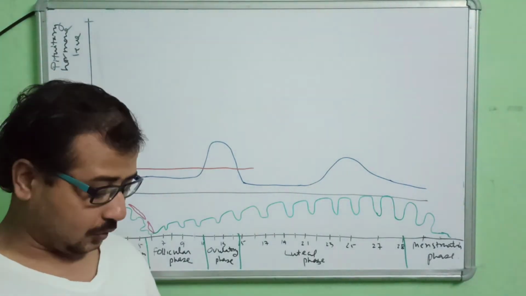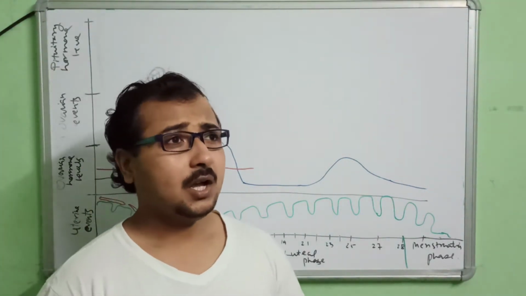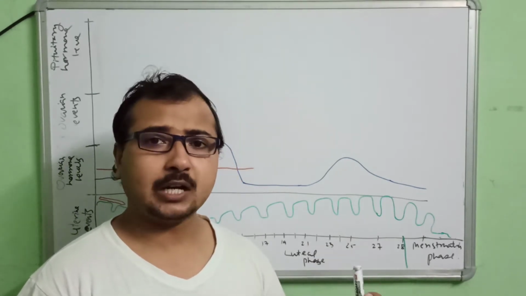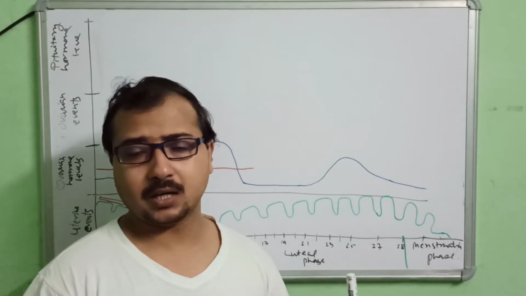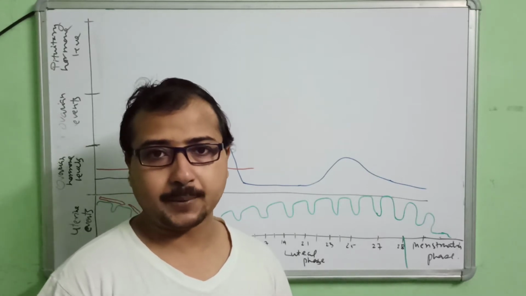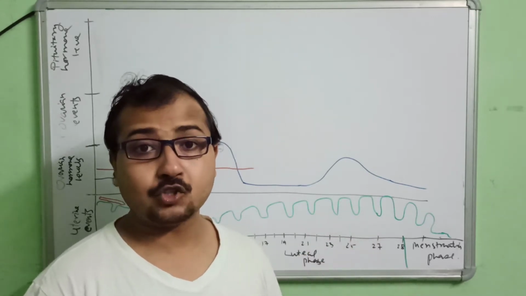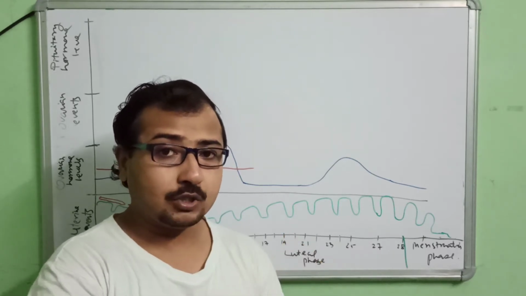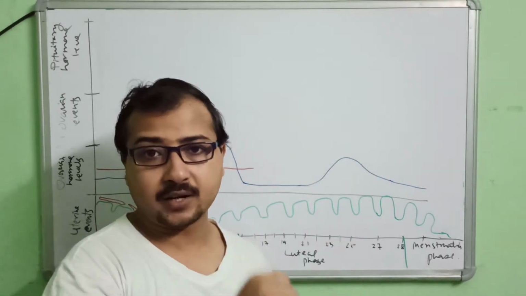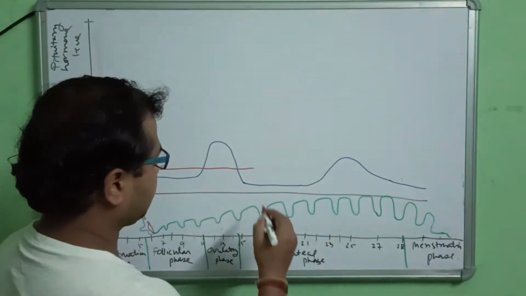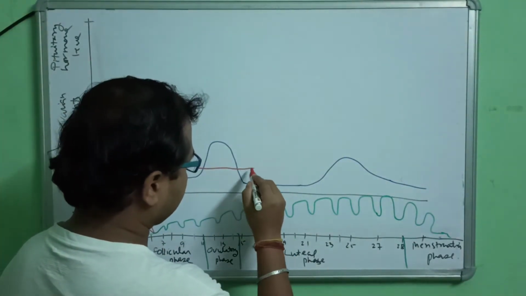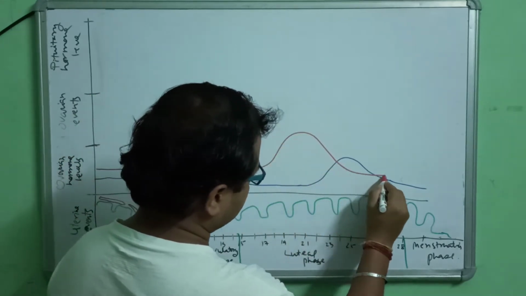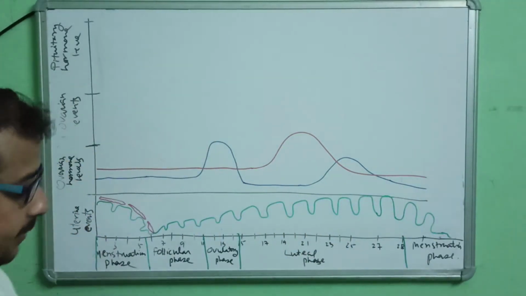Luteal phase starts more. If you remember, once the ovulation takes place, the remaining part of the Graafian follicle transformed into corpus luteum, and the corpus luteum now starts secreting more progesterone, which is now going to dominate over the building up of the endometrium wall. See the level now.